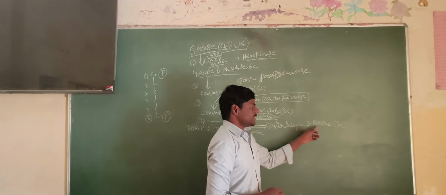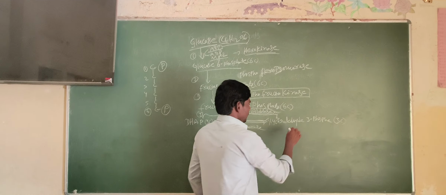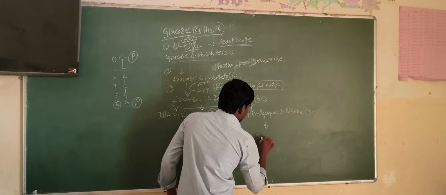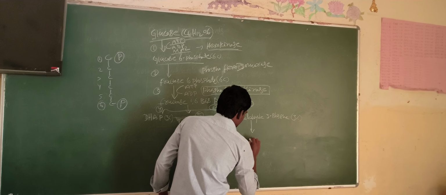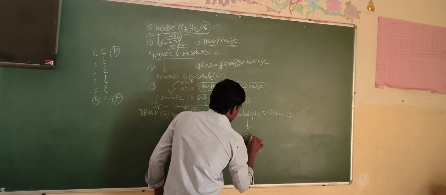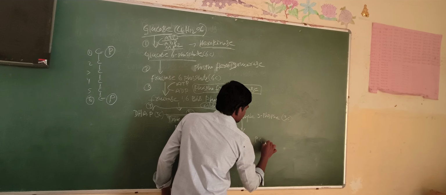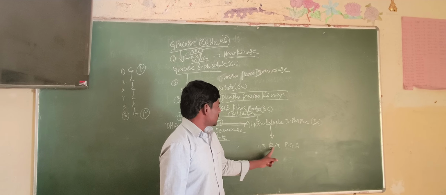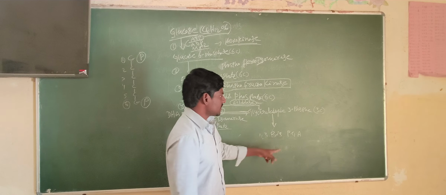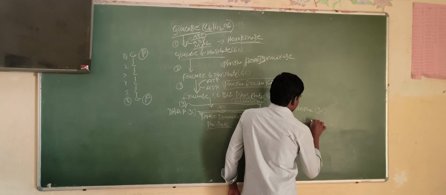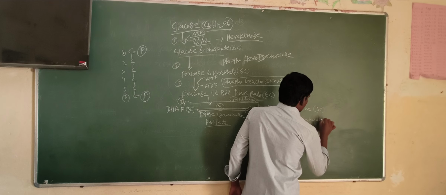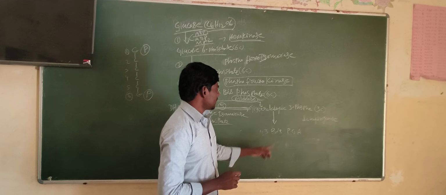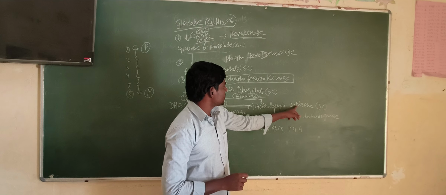Here, glyceraldehyde 3-phosphate is converted into 1,3-bisphosphoglyceric acid, PGA, phosphoglyceric acid, by the presence of the dehydrogenase enzyme.